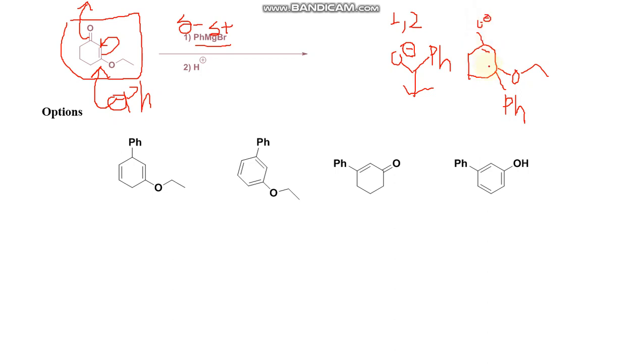Now you have to decide for these questions what will be more favorable, 1,2 addition or 1,4 addition. Now this will go by hard soft interactions. Ph minus is a hard nucleophile, because you have too much pi conjugation in the Ph ring. That's why it will act as a hard nucleophile.